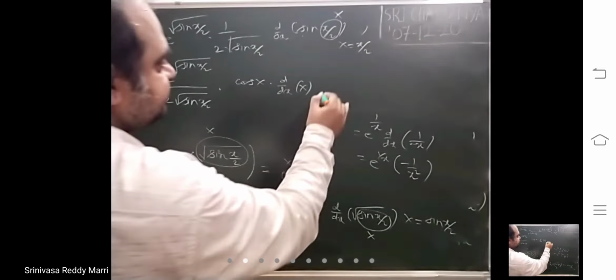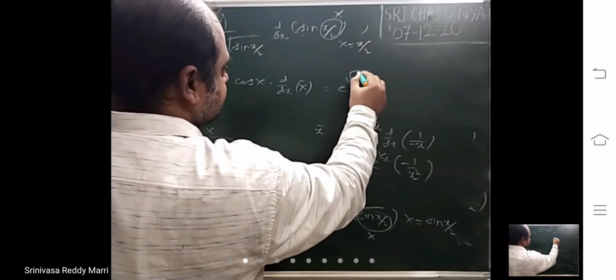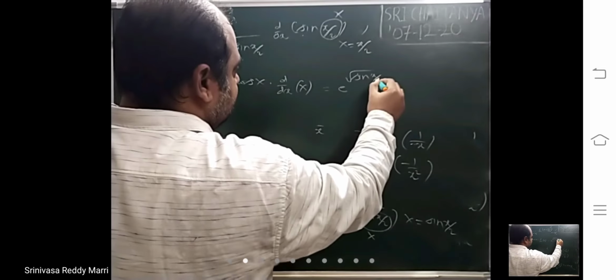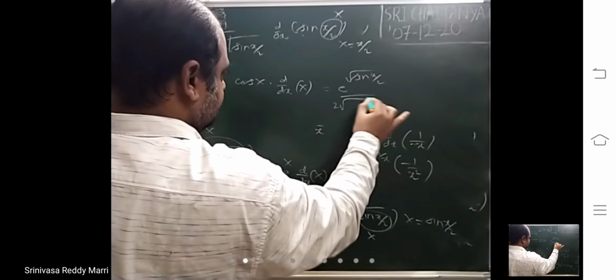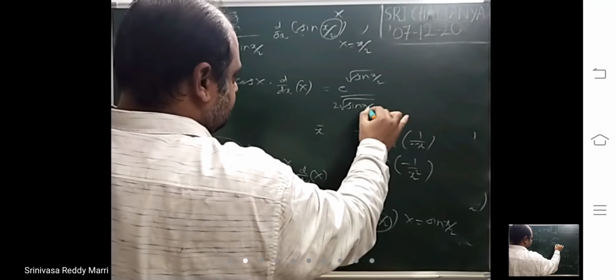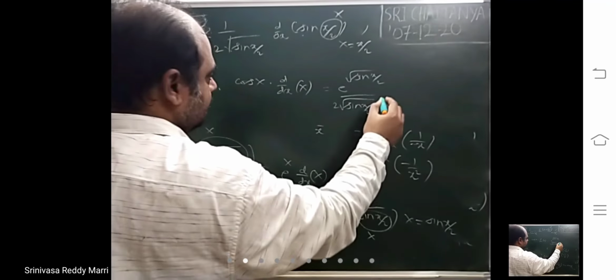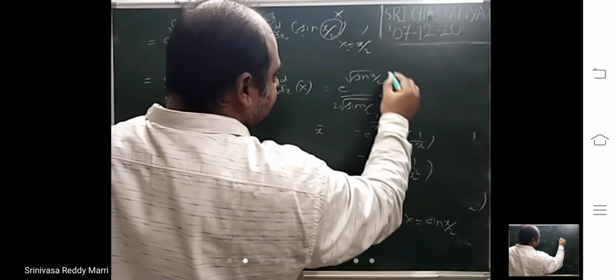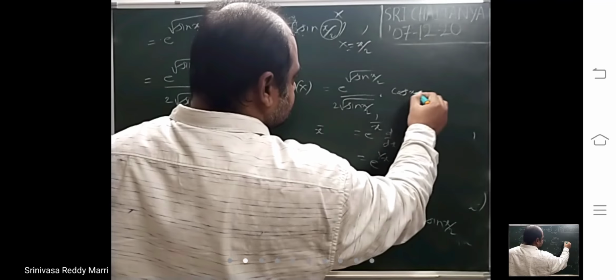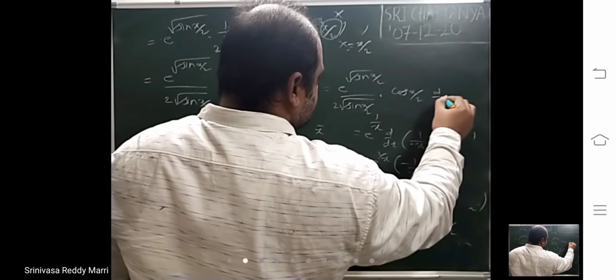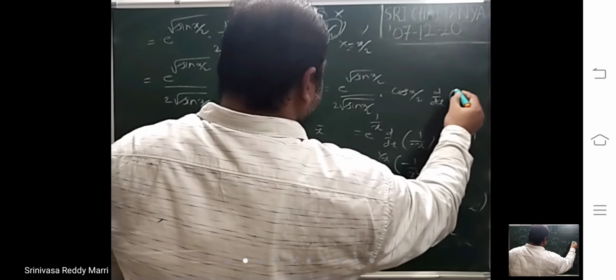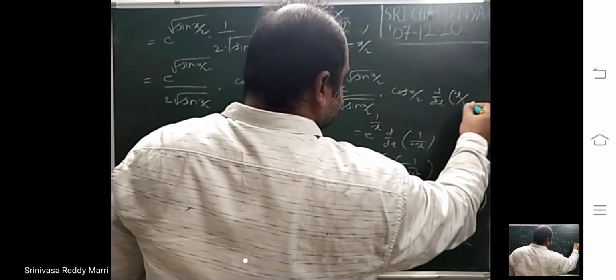So if we substitute capital X, now the last step. What is capital X? d by dx of x by 2.